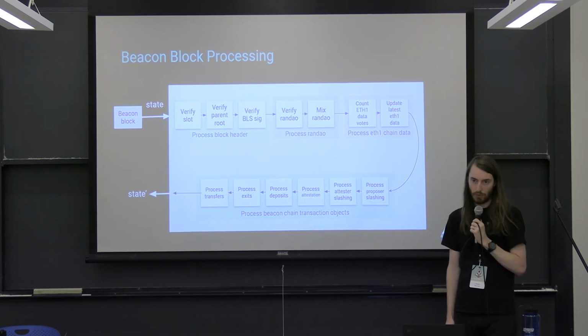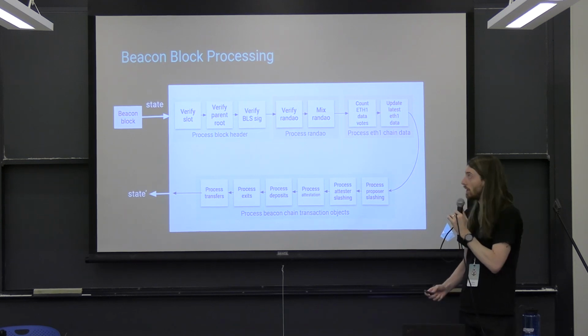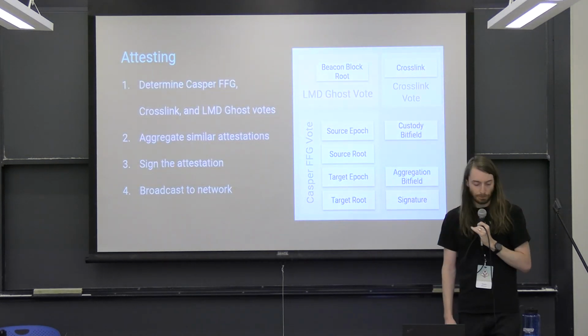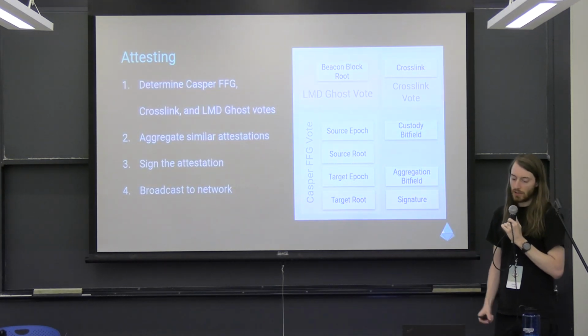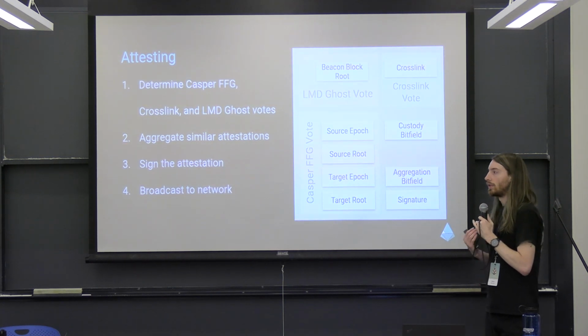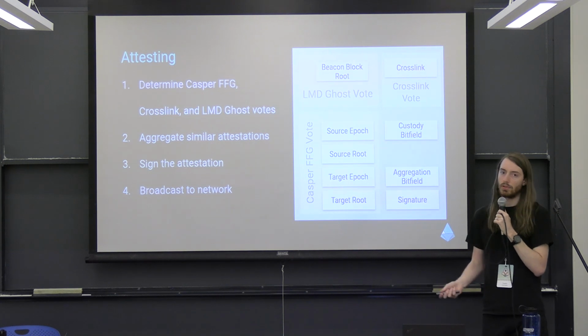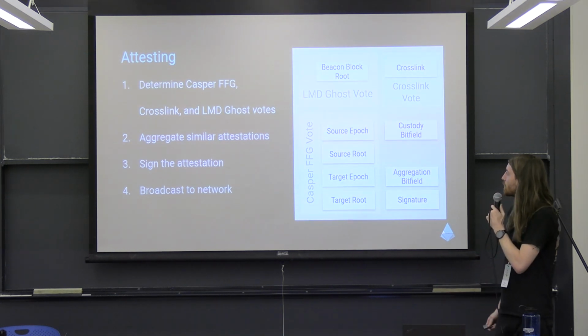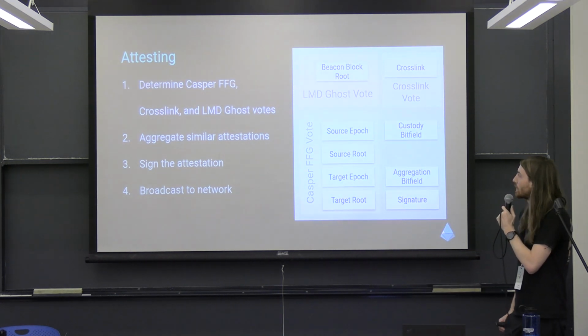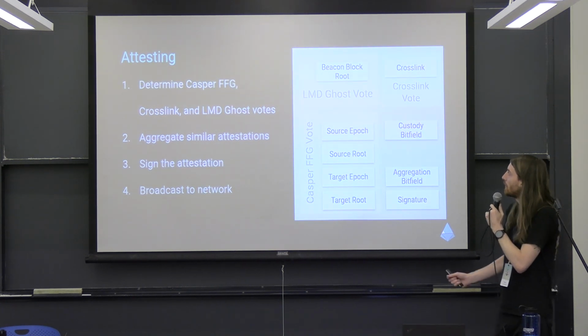Let's move on to what it's like to do attestations. Attestation means to attest to what you think the head of the chain is. So it's very similar to a beacon block. We're going to assemble some information. There's a little bit less here, but we're going to vote on literally what we think the best block is.